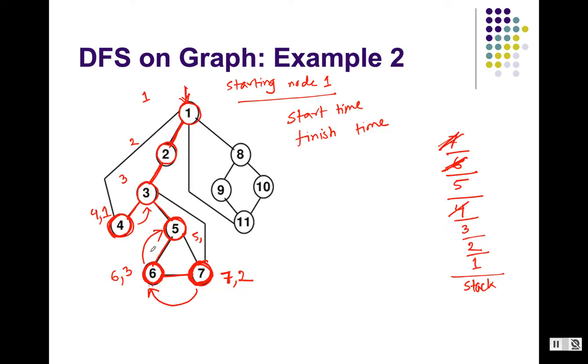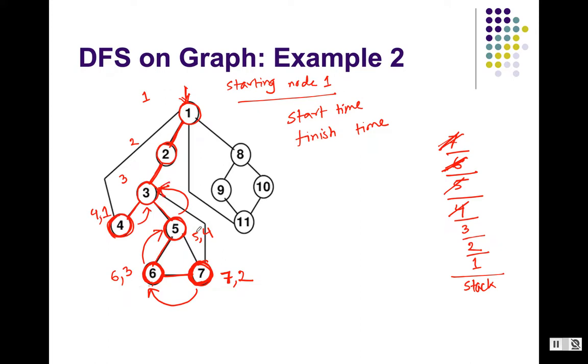Now node 5 also doesn't have any more nodes to explore, so we'll pop node 5, and its finishing time will be 3 plus 1, which is 4. From 5, the next node in the stack is 3, so we go to node 3.